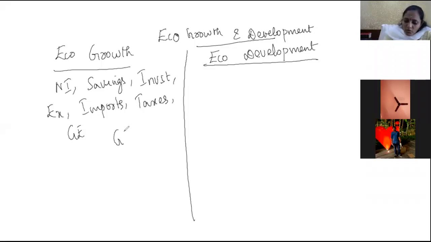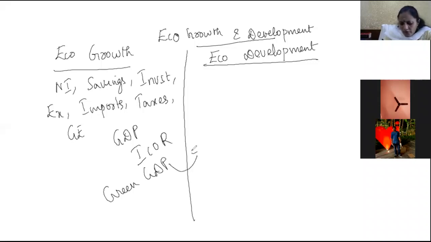So we always talk about GDP, right? We have talked about ICAR, we have talked about green GDP, right? Maybe we can shift green GDP later into the developmental perspective. But as of now, up to here, when you're talking about all of these things, we are actually talking about the income earned, the money part.